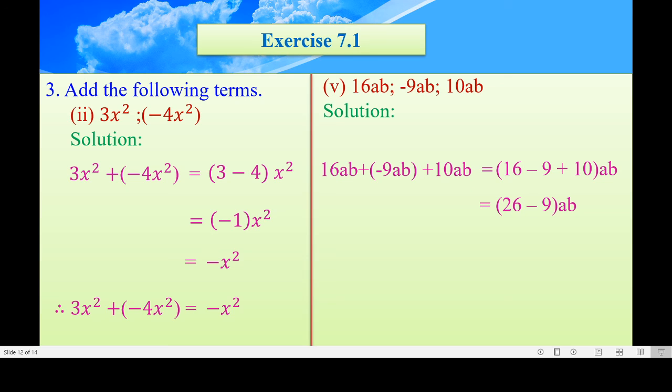So, add the positive numbers 16 plus 10, which is equal to 26, minus 9 into ab. So, the answer is going to be 17ab. So, 16ab plus minus 9ab plus 10ab, which is equal to 17ab.